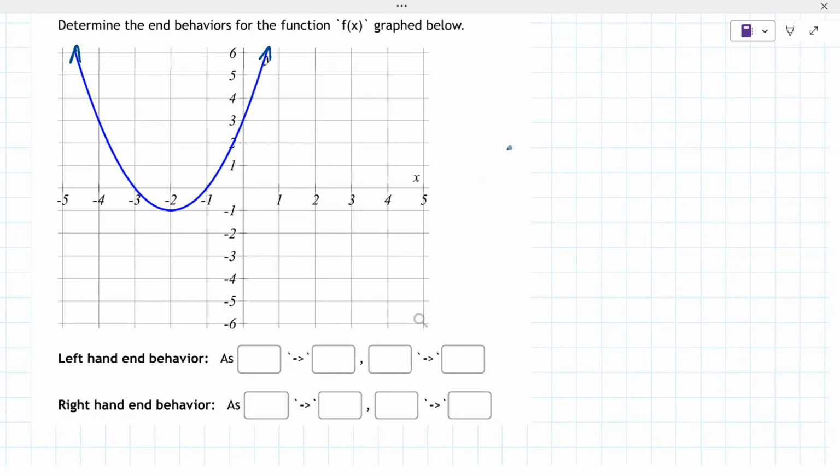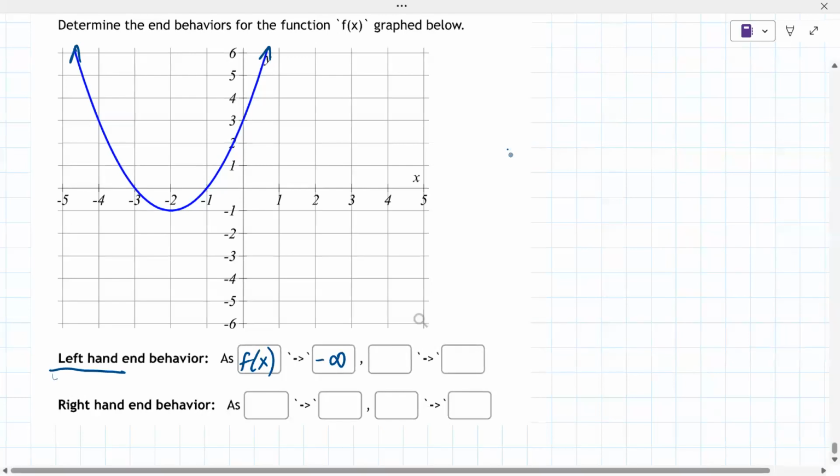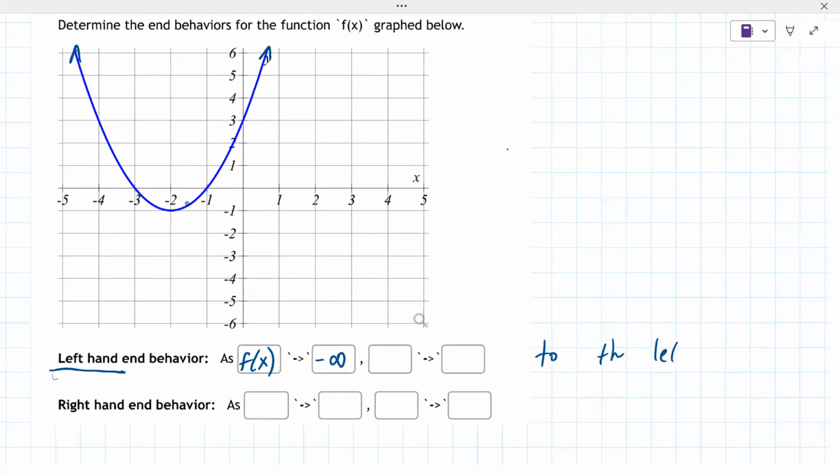So the function here, left end behavior, that means you're going to negative infinity. That's what left-hand behavior is. So left-hand always goes with this. f of x is going to negative infinity. That means to the left forever.